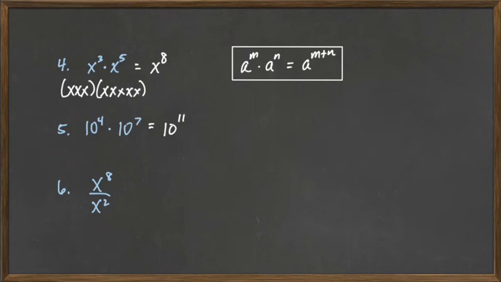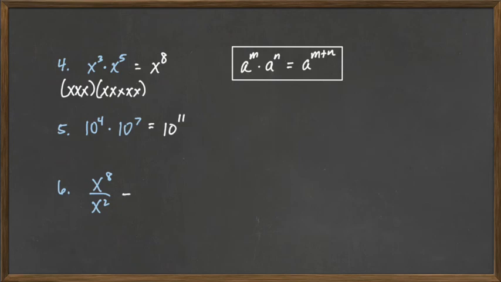So this time we have a division. Now, if you look back to what we were just doing, when we multiply two powers, we add the exponents. So what do you think we're going to do when we divide two powers? Well, we'll do the opposite thing. Since multiplication and division are opposites, we're going to subtract the exponents.